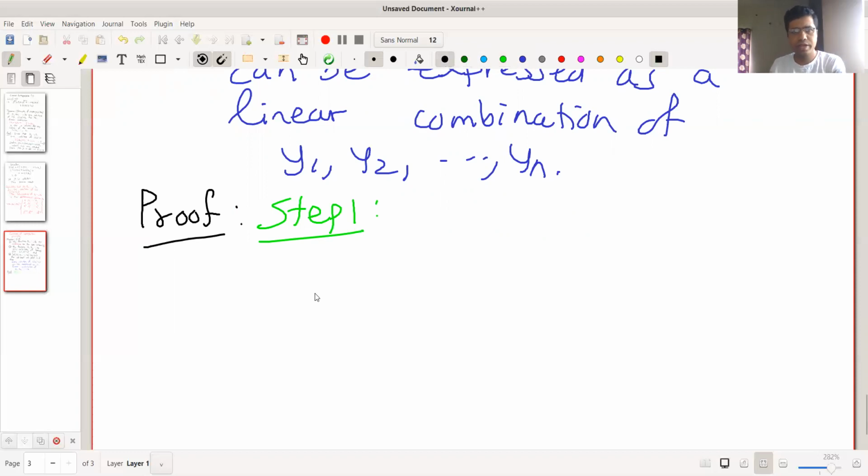So first we take any solution of this differential equation.